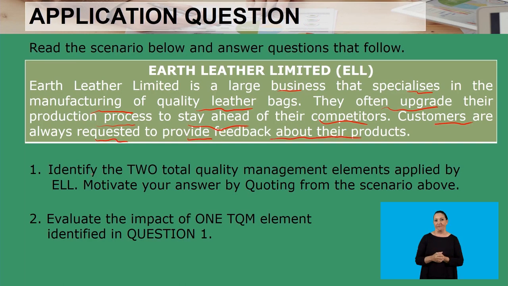Question 1: identify 2 total quality management elements applied by Earth Leather Limited. Motivate your answer by quoting from the scenario above. Then number 2: evaluate the impact of one of the TQM elements identified in question 1.